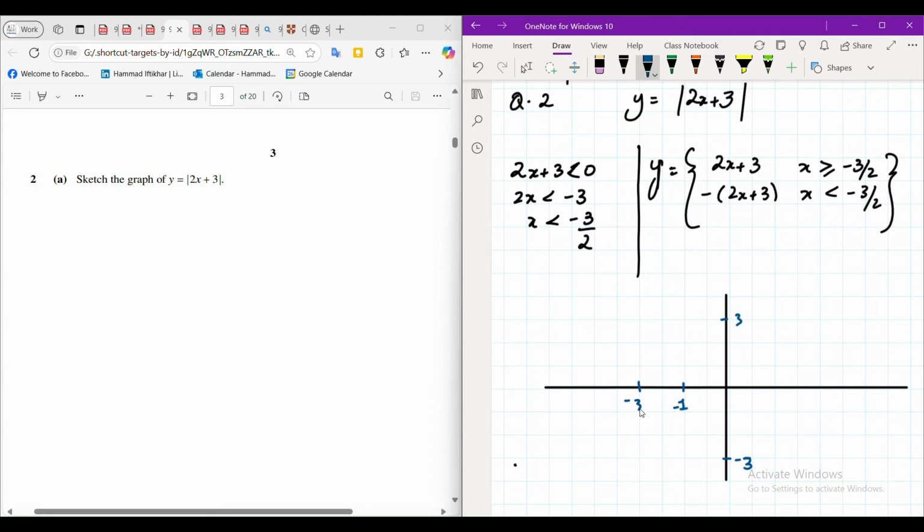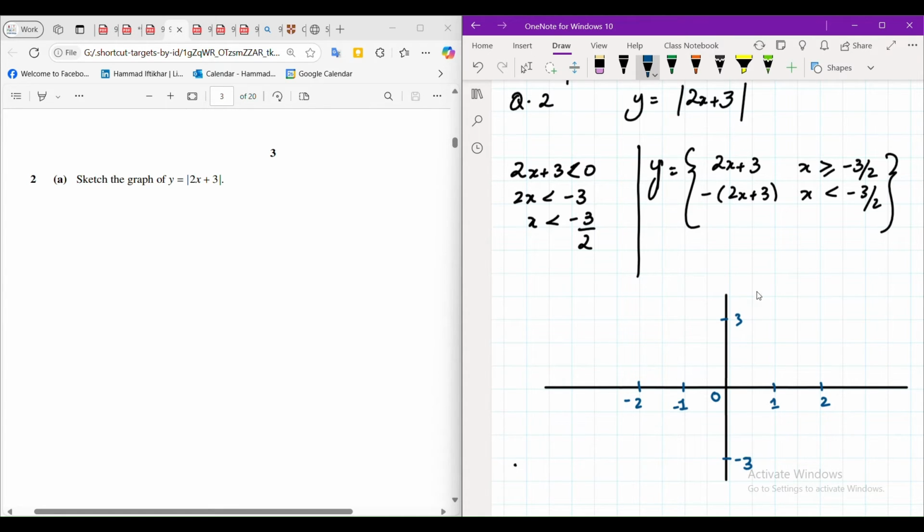No, sorry, 3 over 2, sorry, 1.5. My bad. Let's keep it as 2, 1, and 2. 0, 0. Now, one function is 2x plus 3.